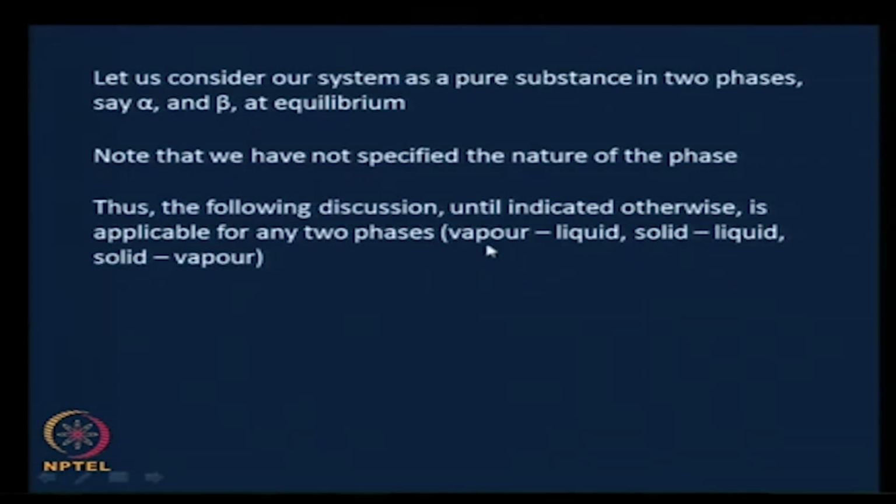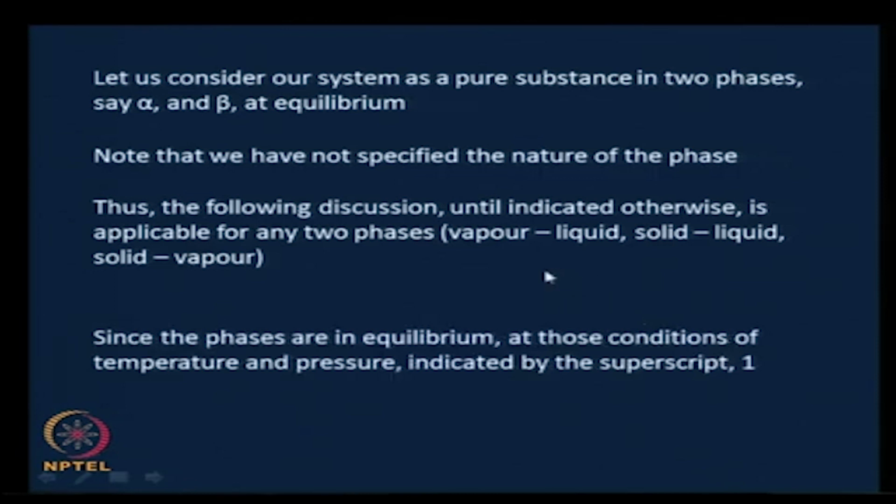The following discussion, unless indicated otherwise, is applicable for any two phases. They could be vapor liquid, solid liquid, solid vapor. Since the phases are in equilibrium, at those conditions of temperature and pressure, which we will indicate by the superscript 1, we can certainly write from the condition of equilibrium, the first 5 equations, equations phi 1 to phi 5 and so on.